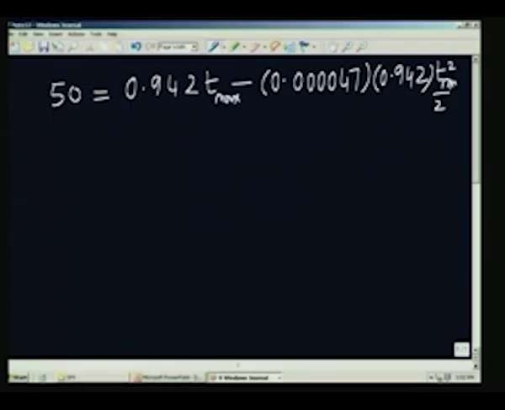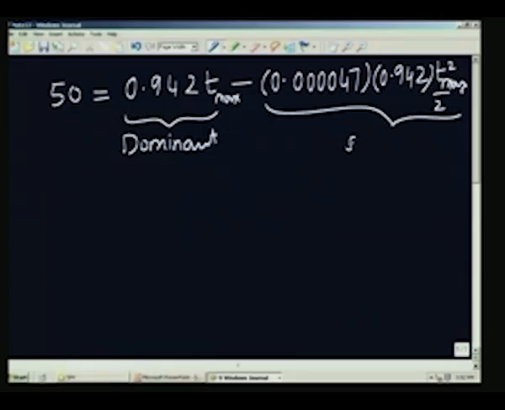That is the period for which the heat flux sensor can be used without exceeding the temperature which is specified. And you see that this equation is peculiar. This is the dominant term and this is the small term.